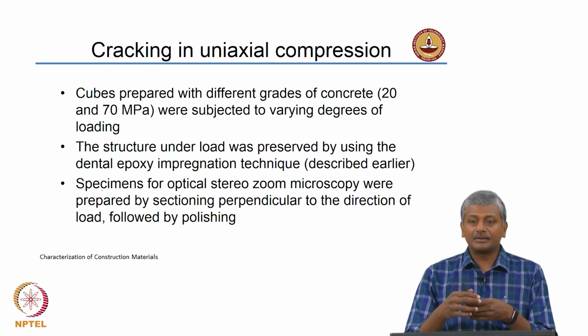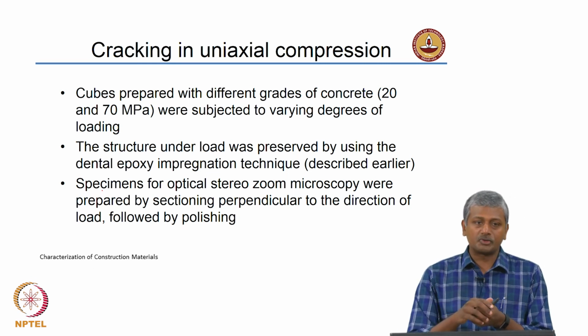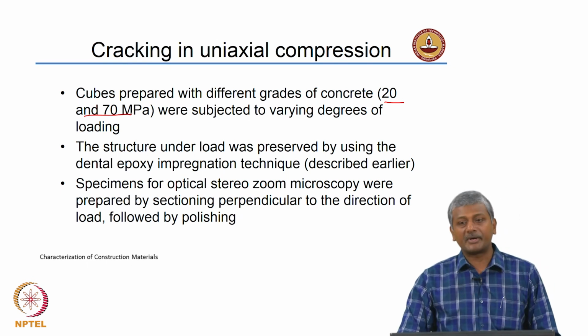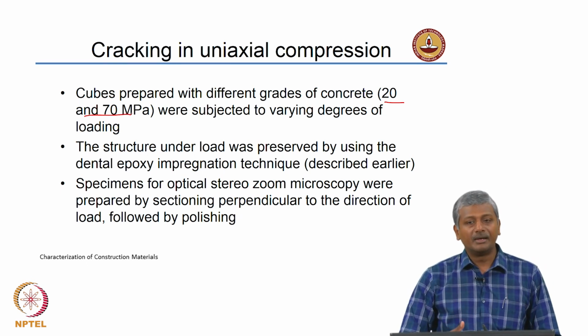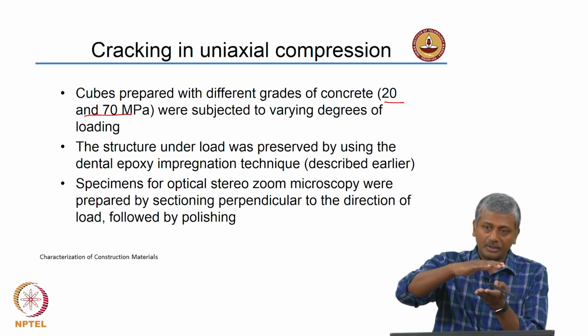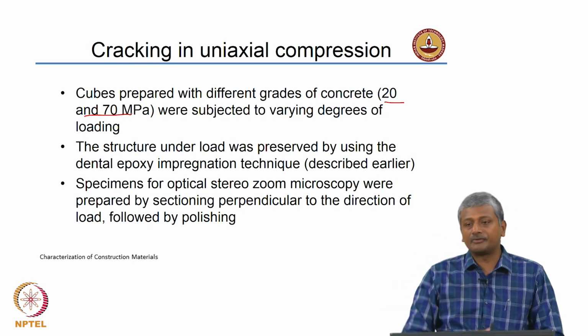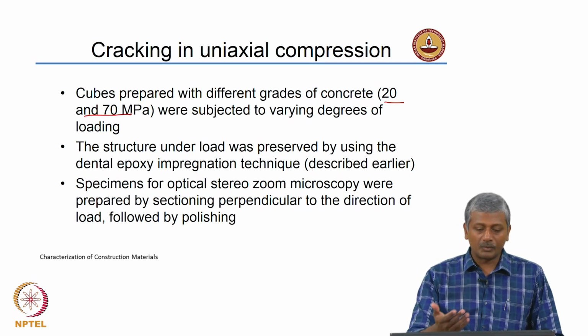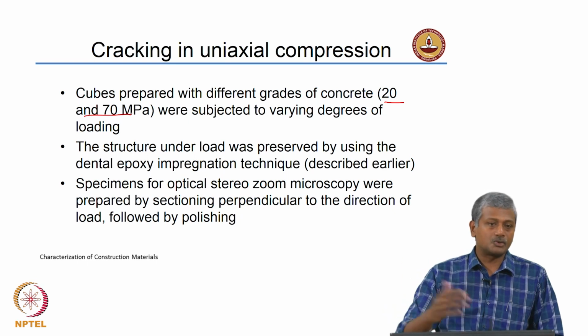Here the cracking of concrete in uniaxial compression was being studied for different grades of concrete. One was 20 megapascal low grade concrete, one was high strength concrete of 70 megapascal, and these were uniaxially loaded in compression to different levels of the compressive strength. So, loading was done up to 30%, 60% and so on.